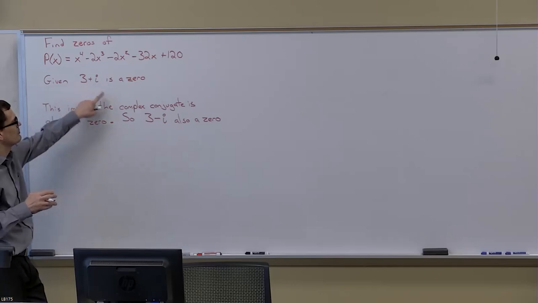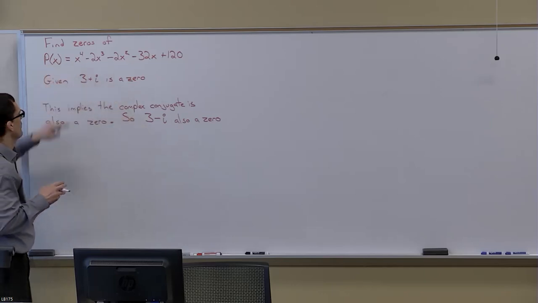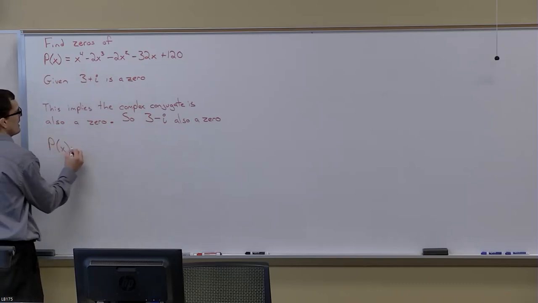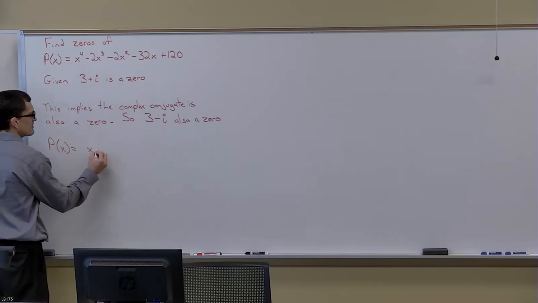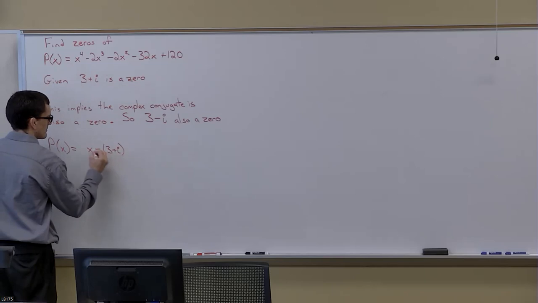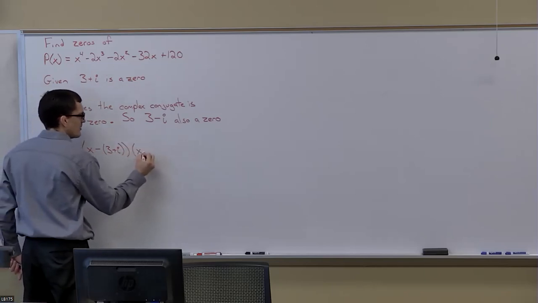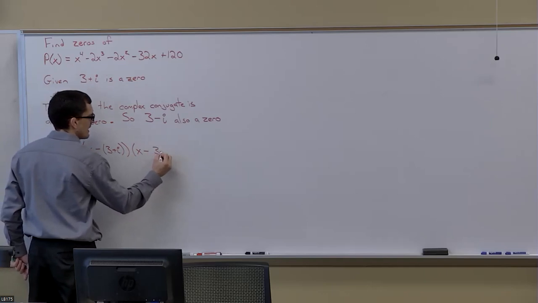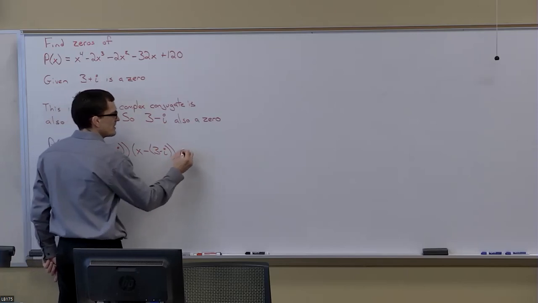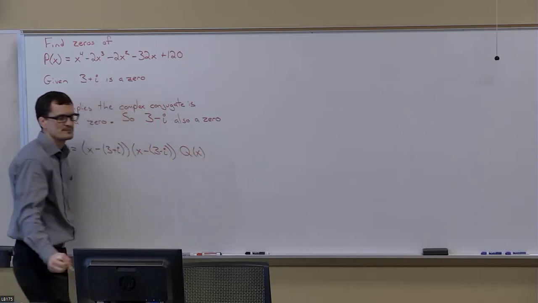If I have 2 zeros already, I know my polynomial function is going to look like x minus that first zero times x minus this second zero times some quotient that I don't know yet.